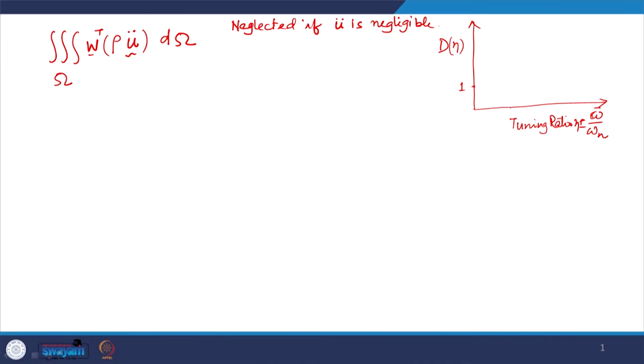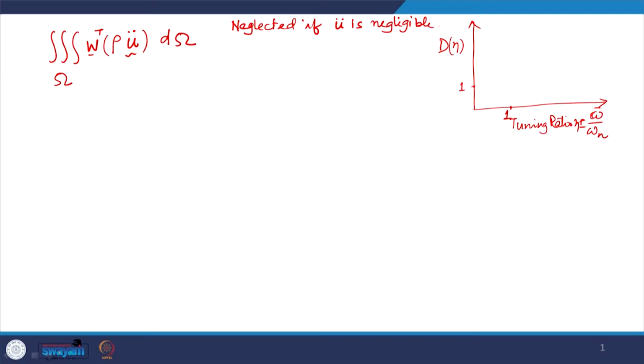So, this tuning ratio of 1 is when the harmonic excitation frequency is tuned with the natural frequency of the system. The dynamic magnification factor starts at 1 at a tuning ratio of 0, so zero exciting frequency. That means a purely static loading condition, the loads are not cyclic. So, it is a static load.